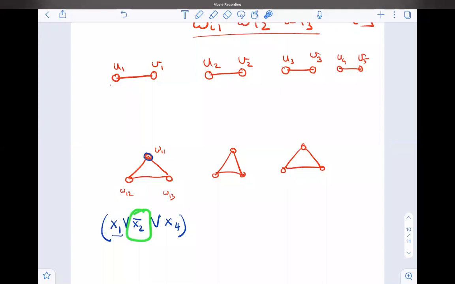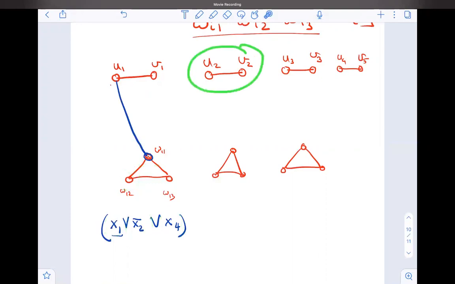So this first vertex is x1, but x1 is here, so I will connect x1 with this first. Then the second one is x2 bar.